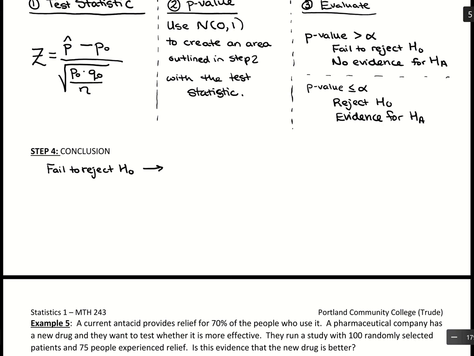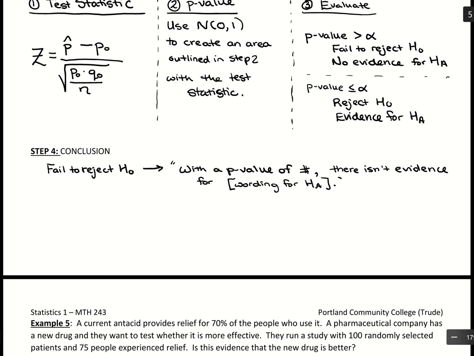For our wording, we'd want to say something along the lines of, with a p-value of, and then whatever number we found for our p-value in step 3, there isn't evidence for, and then the rest of the wording is just wording for the alternative hypothesis, which is most often stated somewhere in the wording of the question itself. So you'll want to fill in the blank there with whatever's coming from the context of the question.